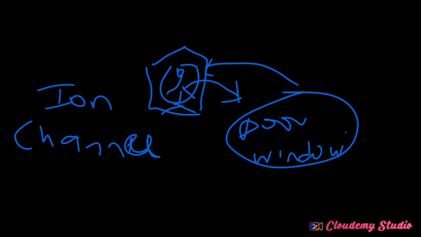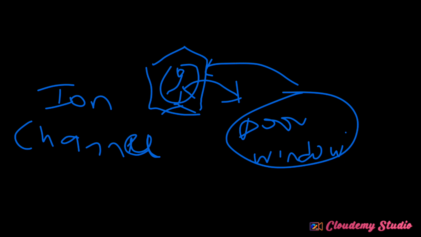So we have ion channels in cells, just like the door and the window in our houses that allow people to go outside and come inside. Even though it is not normal for someone to pass through the window into the house, let us just say it like that. So we have ion channels in the cell membrane.